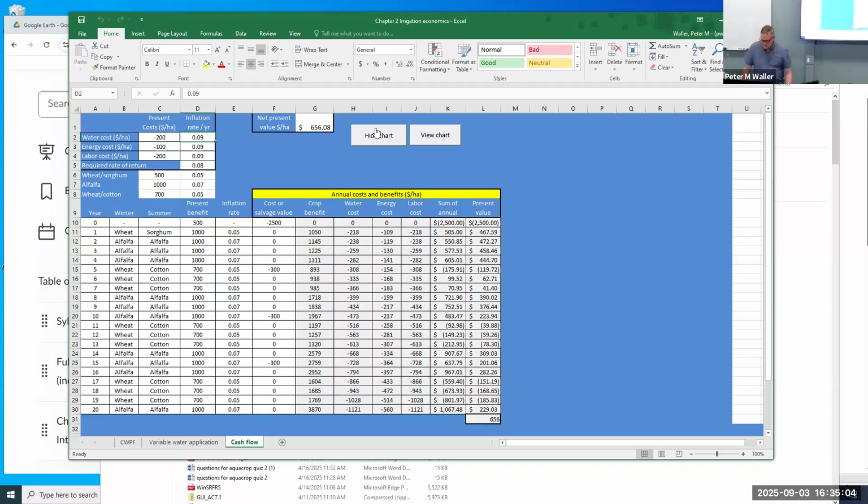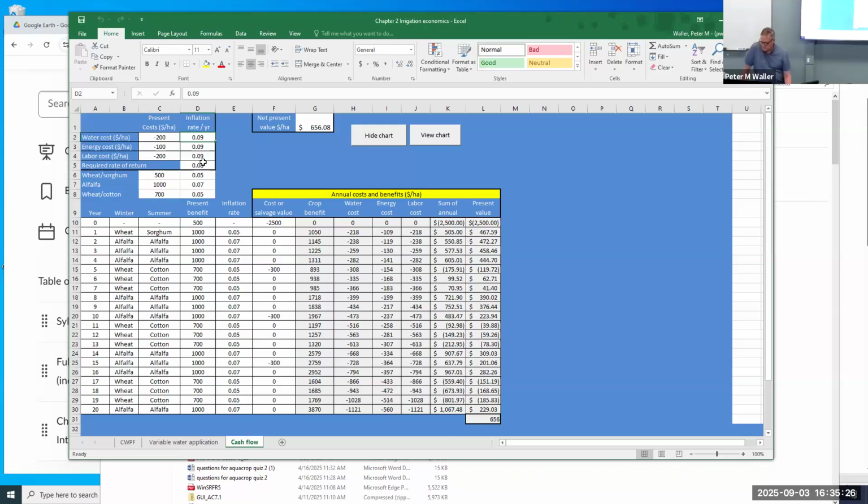So you can see my crop rotation is 3 years of alfalfa, and then I have wheat, cotton. You might want to use the same crop rotation, and you wouldn't even have to change the spreadsheet, just change the numbers. We have some new numbers in there.